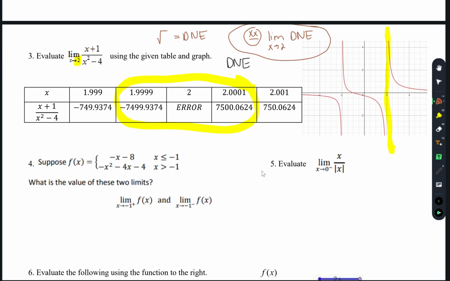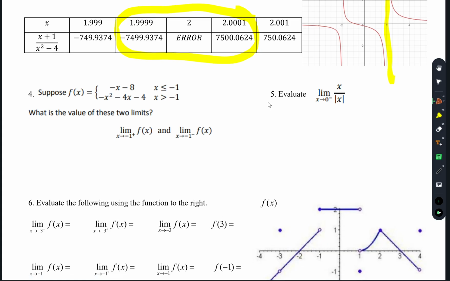Again, a lot of these are notational things. So like number 4 is a piecewise. So what people tend to do with this one is they actually write the equation in the limit, which is wrong. Okay, so f of x represents that total thing there, like all the equations, everything.